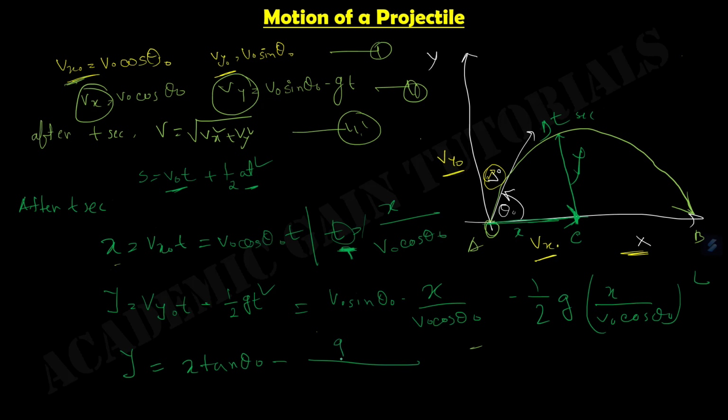minus g x square by 2 v naught square cos square theta naught.